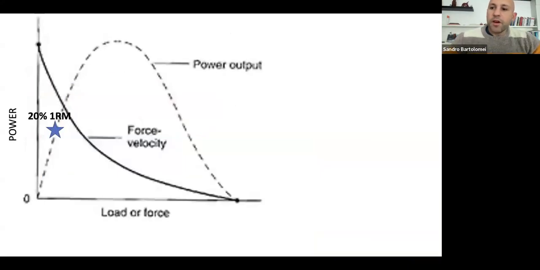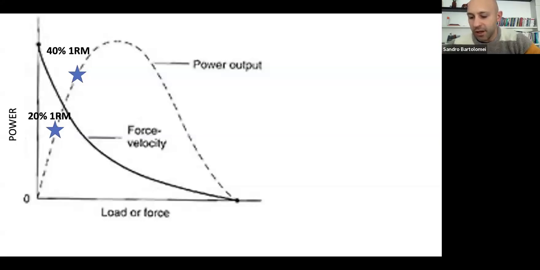Do you remember, if you perform an incremental test at the bench press and you measure the power at different loads, you may find this kind of bell graph. At the beginning, there is an increase in the power, 20%, 40% of 1 RM.